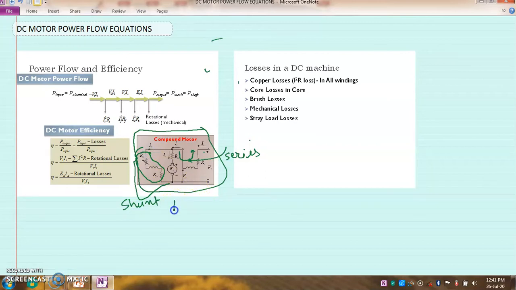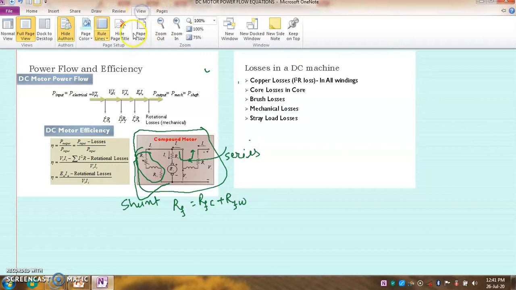That is, RF is the resistance of the field coil plus the resistance of the field winding. This portion is a variable resistance, which can be varied through the rheostat.